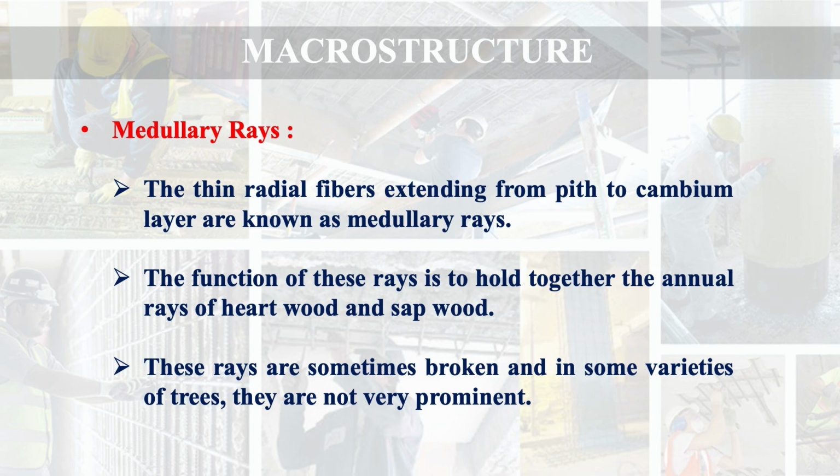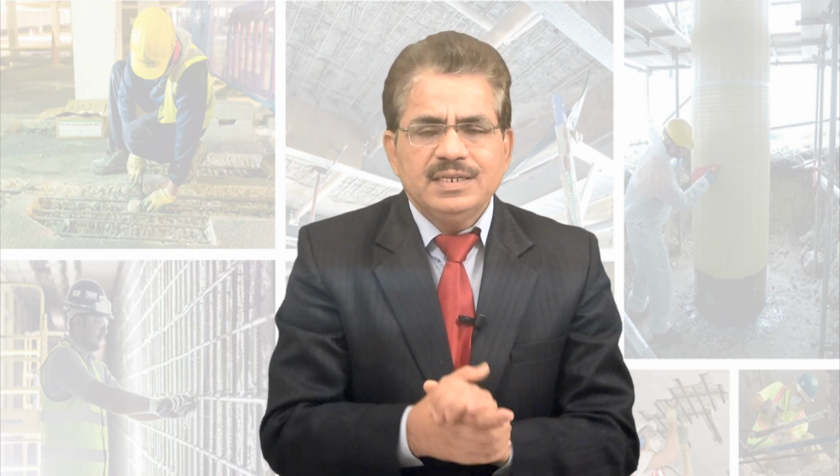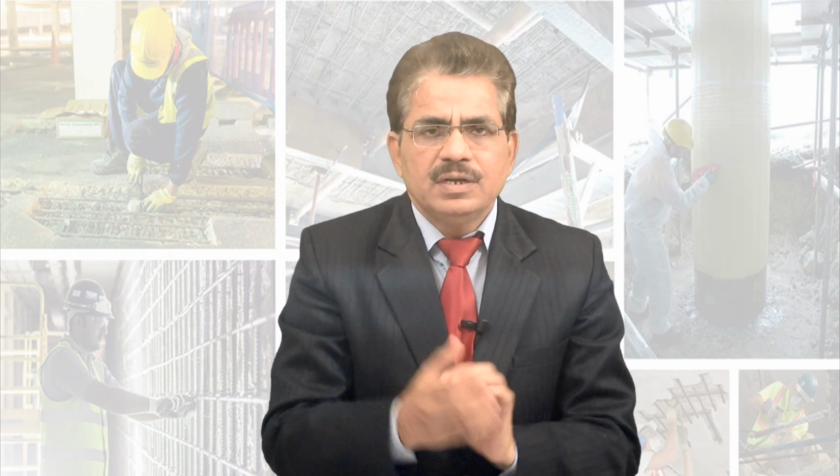So after discussing the macrostructure, now let us move to the microstructure of the tree. The structure of wood apparent only at great magnifications is called microstructure. It means the structure which you can see after great magnification, which you cannot see by naked eyes or small magnification.